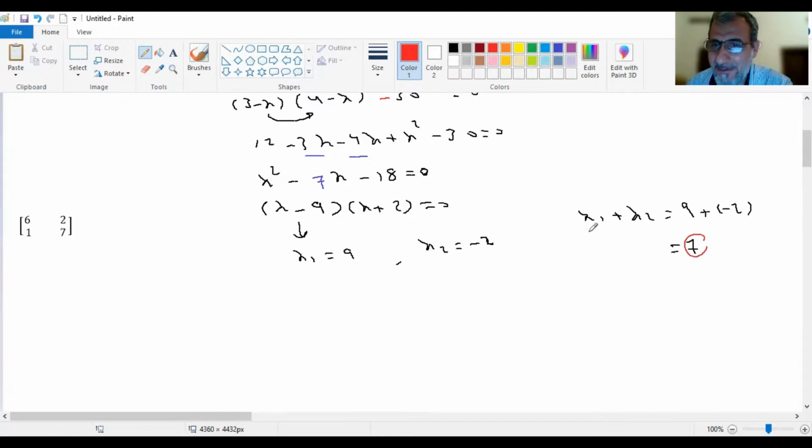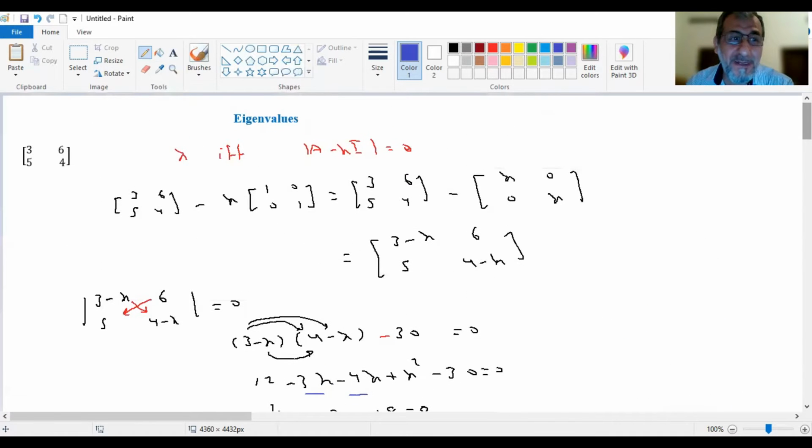So how to check now? We add them, first and second, then multiply them. Lambda 1 times lambda 2 is 9 times negative 2, equal to negative 18. This number is the determinant of the matrix A. What is the determinant of 3, 6, 5, 4? 3 times 4 is 12, minus 5 times 6, 30.